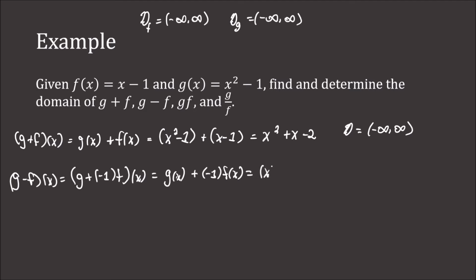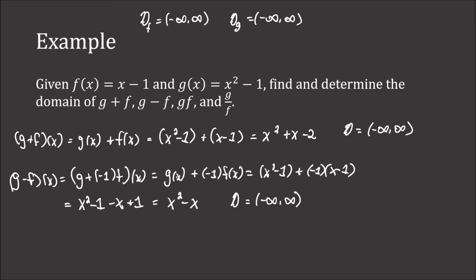So it's x squared minus 1 plus -1 times x minus 1. So it becomes x squared minus 1 minus x plus 1, and we're left with x squared minus x. And the domain is again the union, so it's all real numbers.